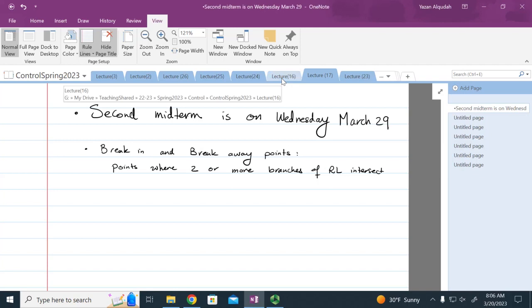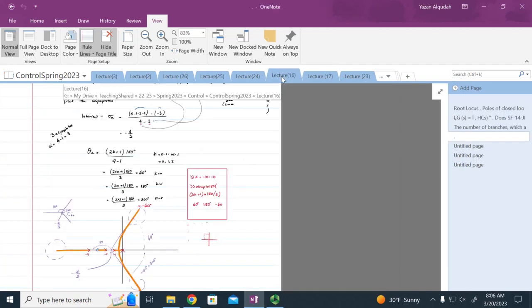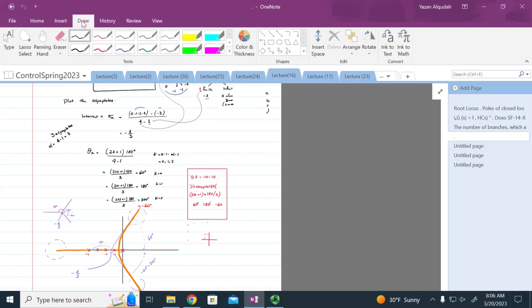So if I go back to the plot that we've done with the root locus example that we had before, although we plotted everything here in orange, when we look at it closely, we have a branch that might look something like this, and another branch that might look something like this.